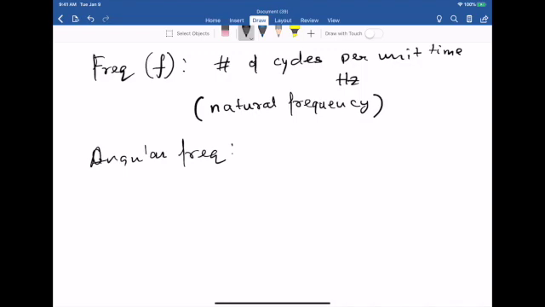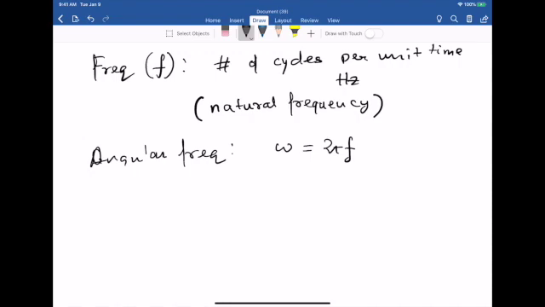The angular frequency is related to the frequency f that we just studied through the relationship omega equals 2 pi times f. So if you're given omega, you can find the frequency of oscillation by dividing it by 2 pi, right? And the frequency, hopefully you understand, is the number of oscillations per second. Omega is just another way of expressing the frequency. It's 2 pi multiplied by the frequency, right?